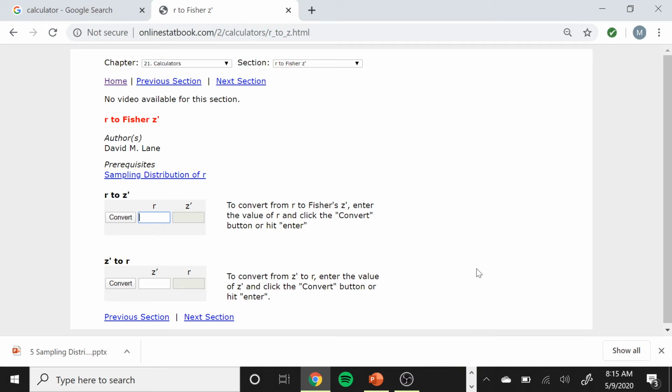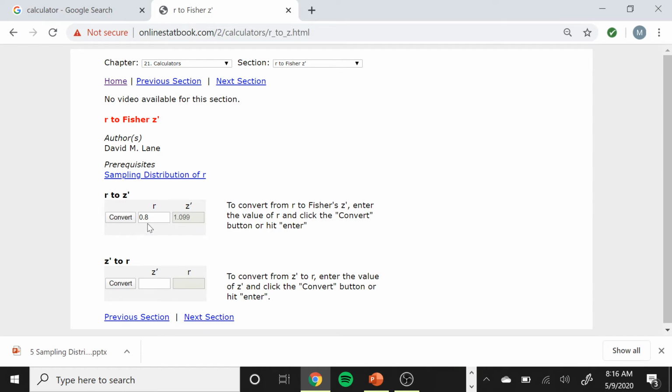To get correlation coefficients on the Z distribution, you would put in 0.8, for example. Remember, that's what the parameter is. Wait, I did something wrong. I think I put in a comma instead of a period. Okay, there it is. There's the parameter.